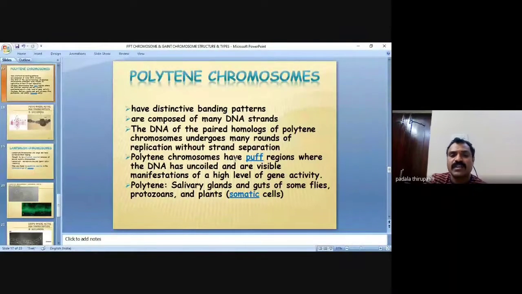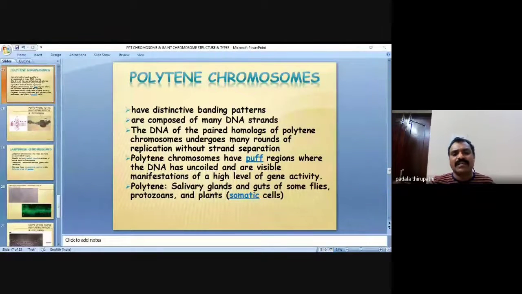contain a large number of bands inside the chromosome. Some areas are very dark-region bands, and in some regions we observe light regions, the space between the bands.